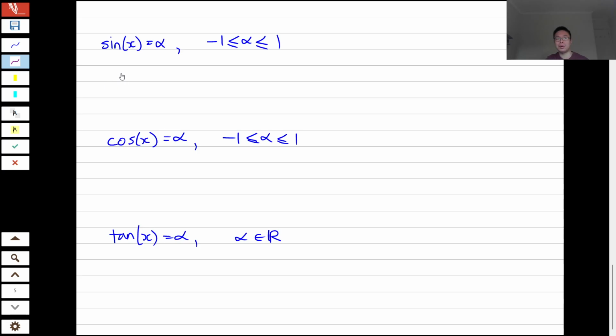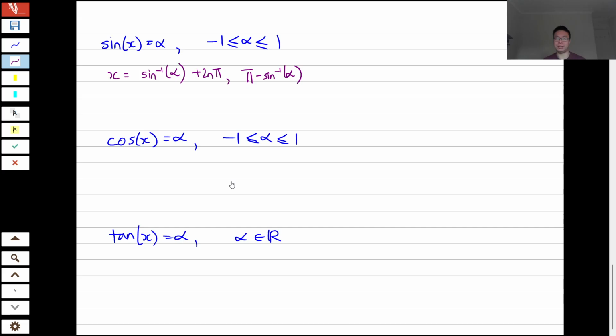Okay, so the first solution is going to be the inverse sine of alpha. And then I get a family by adding 2n pi. So that's the first quadrant, assuming that alpha is positive. The alternative is to take pi minus the inverse sine of alpha.